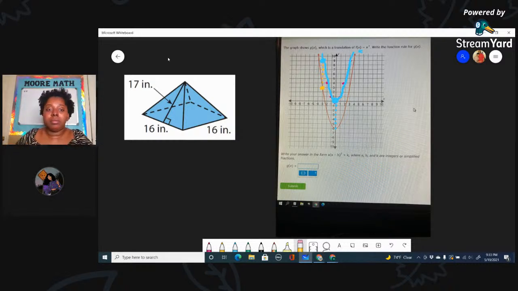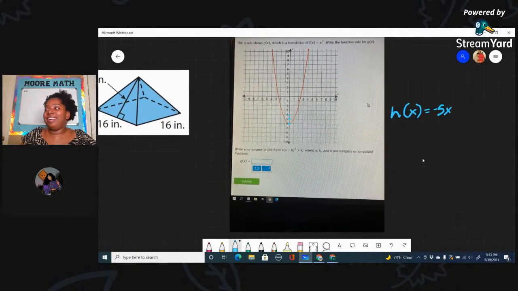I do have a quick one. Okay. This one is h of x equals negative 5x squared plus 8, and it's like, what's the rate of change of negative 30? Okay. Say it again.